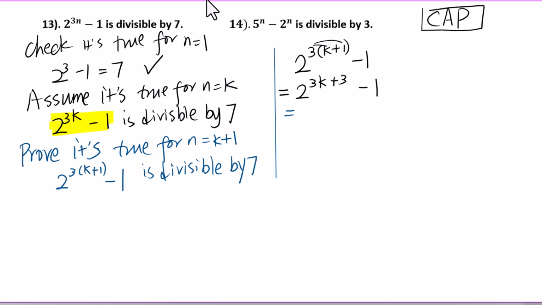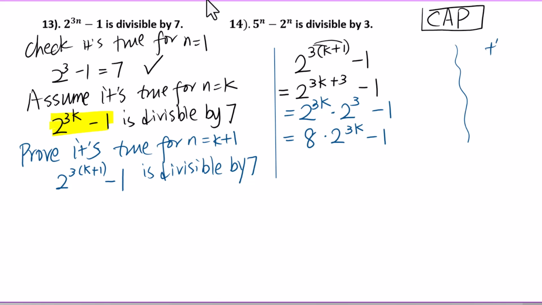So we separate this: 2 to the power of 3k times 2 to the 3rd power minus 1. Simplify. 2 to the 3rd power is 8. 8 times 2 to the 3k power minus 1.